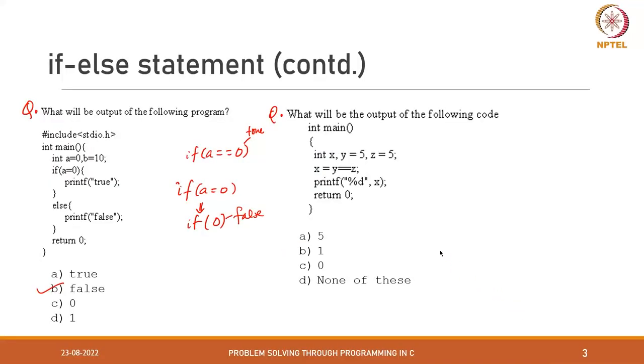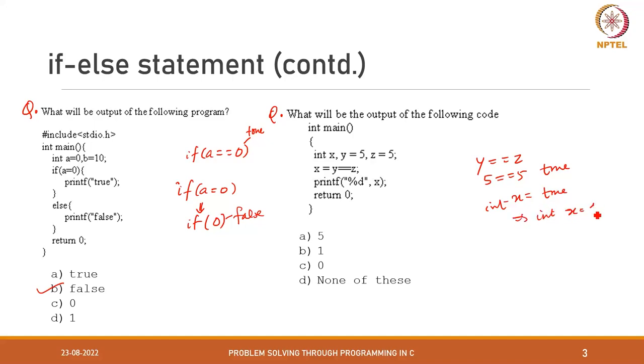Okay, so what is happening here? Basically we are evaluating x is equal to z. So 5 equal to 5, which is true, and we are saving x equal to true, and x is an int. That means it will store x is equal to 1.